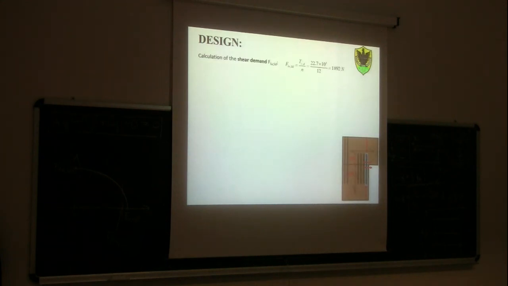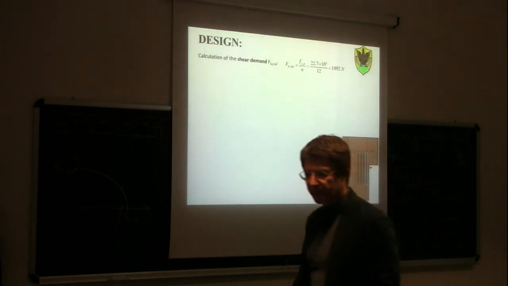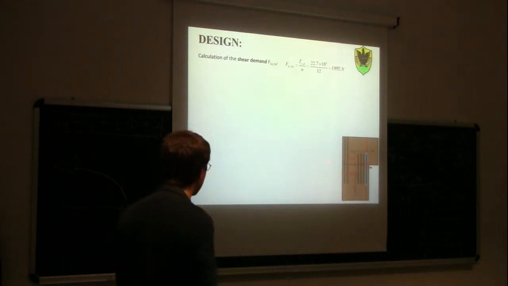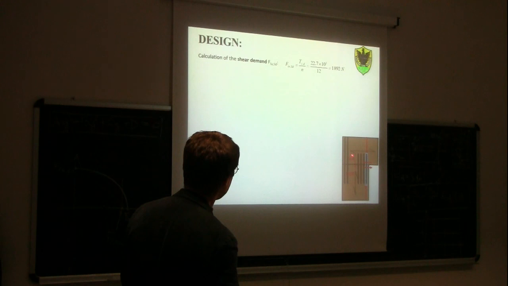So in our case, we need first to calculate the shear demand. The shear demand will be the total shear divided by the number of rods. Now the rods are stressed in shear, so they basically are like double type fasteners. The strength demand will be the total shear divided by the number of rods.